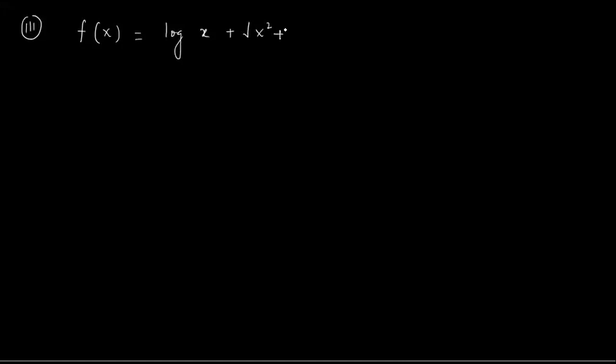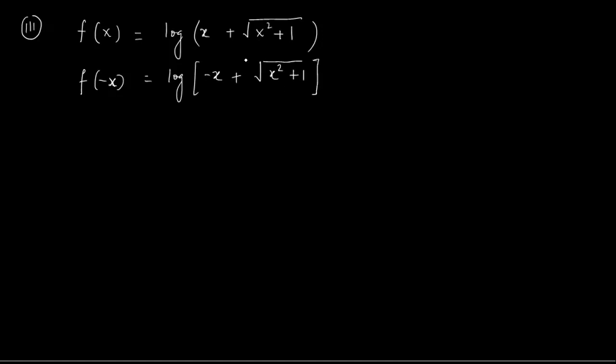We have to find whether it is an odd function or an even function. Okay, so let's start. Put negative x in place of x. Once we insert negative x in place of x, this function becomes log of (negative x plus square root of x square plus 1), because the square of negative x becomes x square only.